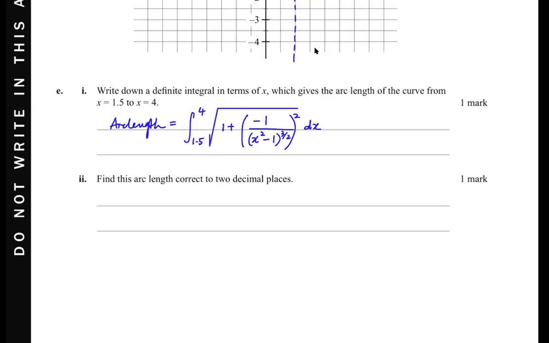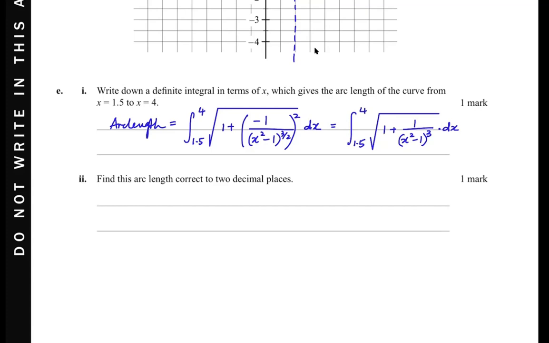You could leave your answer like that, but if you want to tidy it up, that's fine. It should give you the square root of 1 plus 1 over (x squared minus 1) to the power of 3, dx. Don't forget the dx here, okay? It's very crucial.